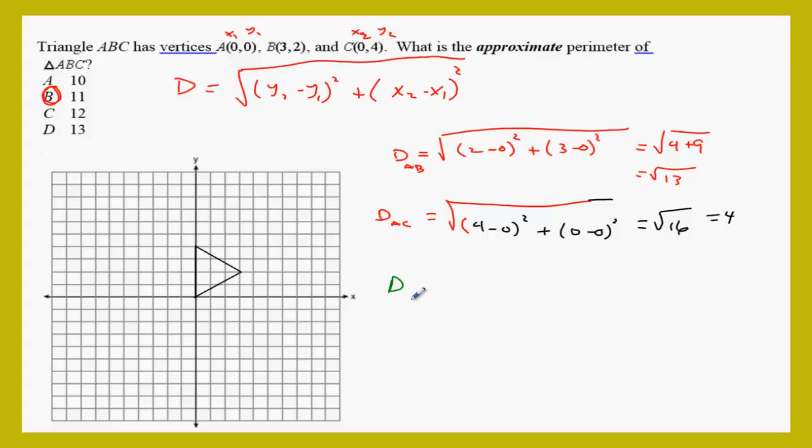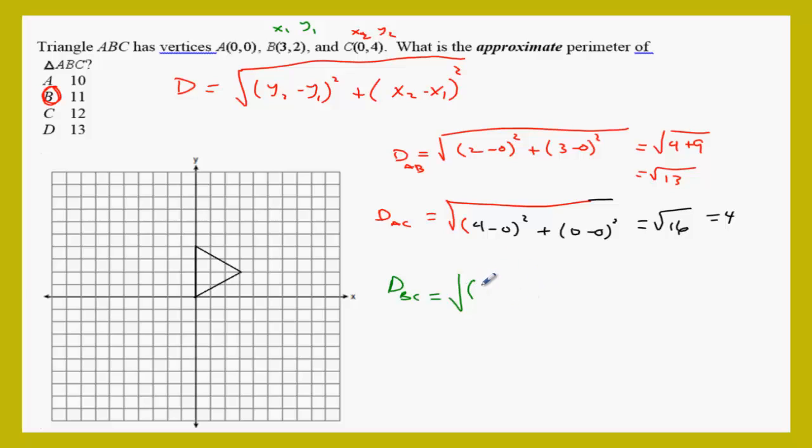Now you need BC. The distance of BC equals the square root of... let's erase this one and call this one x1, y1. This is x2, y2. It doesn't matter which one is x1 and which one is x2.